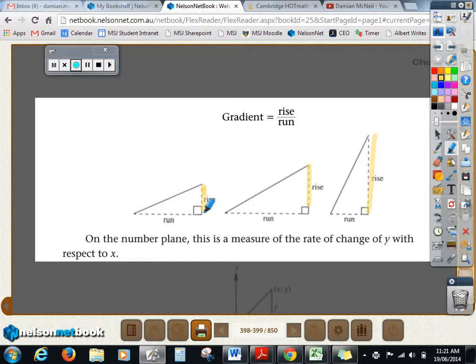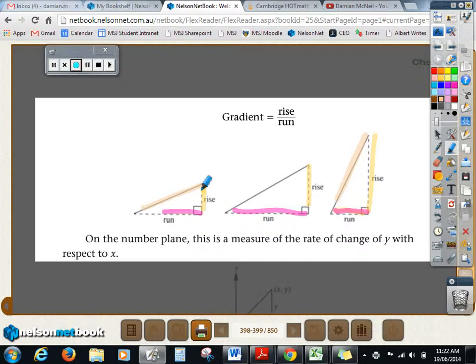So, the vertical rise divided by the horizontal run, and this is the horizontal run there, there, and there. If this division is a high number, then we get a very steep line. If the run is much larger in proportion to the rise, then we get a shallow gradient.